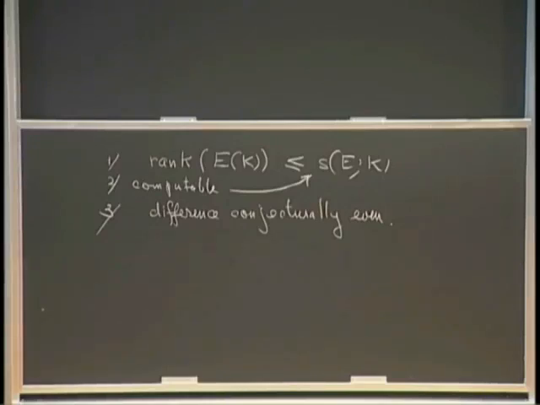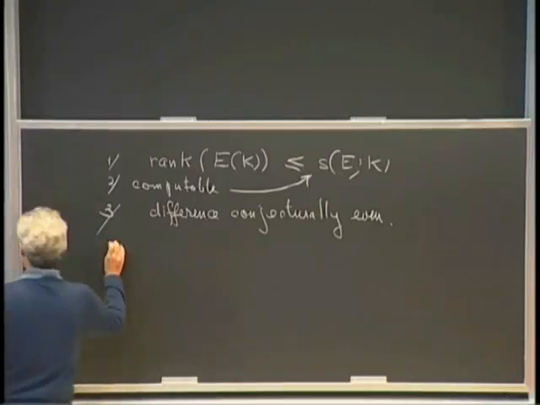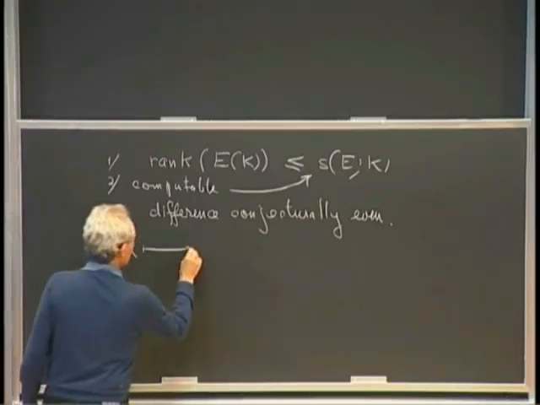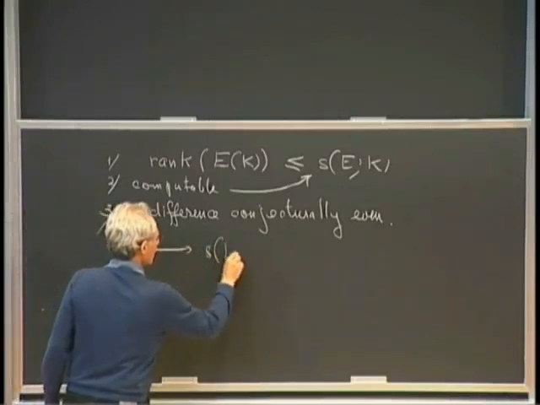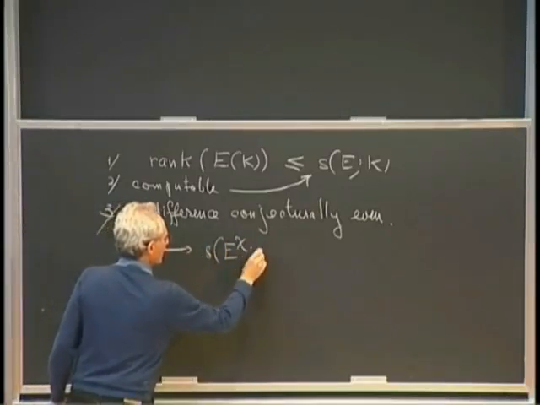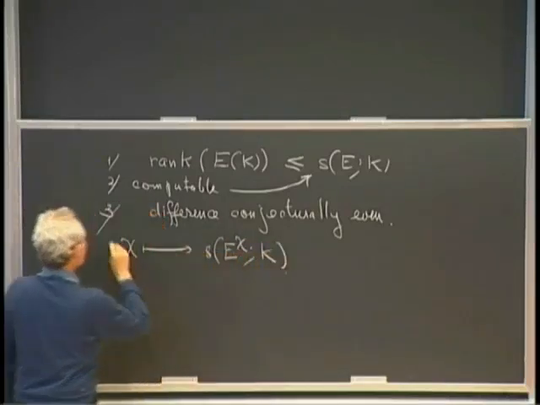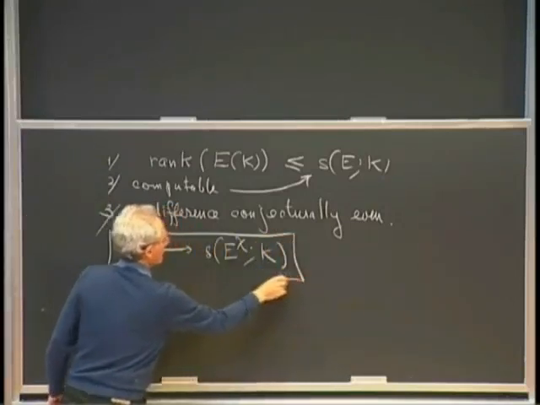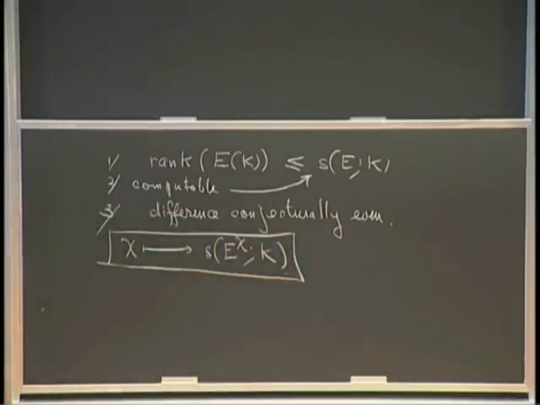So I'm back to this function here, but not to the rank, but rather to the upper bound chi to S of E chi k. Now, what I want to do is do statistics for this.